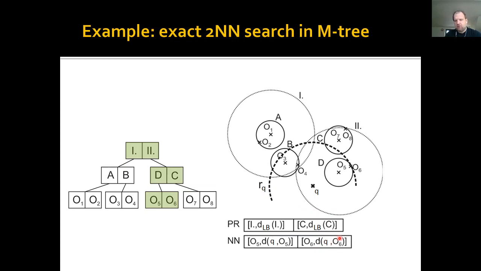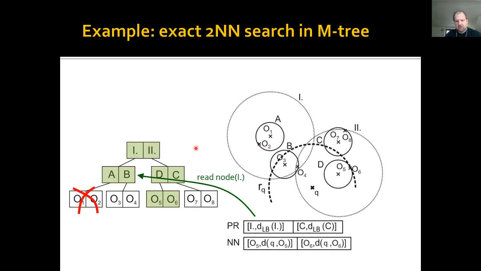So the distance from Q to 06 is the new radius, and because this upper bound is now smaller than the lower bound to A, we can basically filter out A from search, because this dynamic range query cannot anymore overlap the region A. It will only get tighter and tighter. So this is the first filtering of this algorithm on this data, and we continue more.